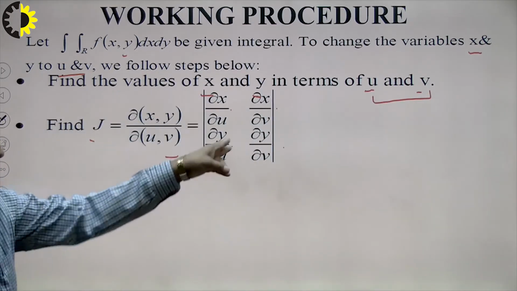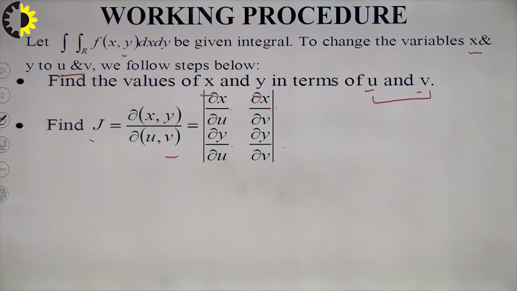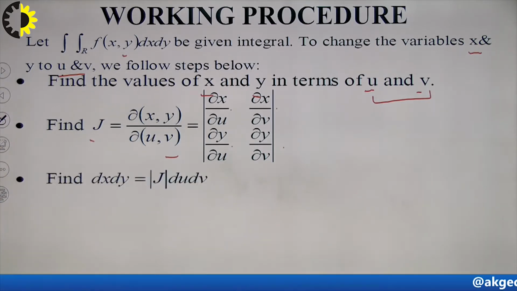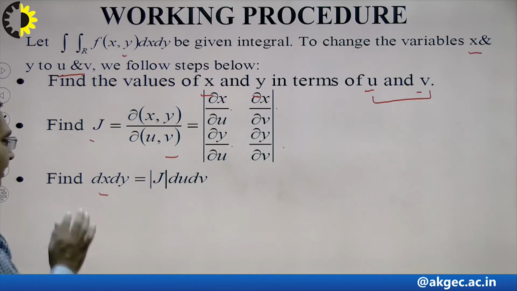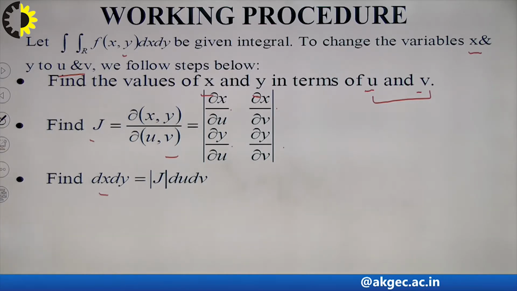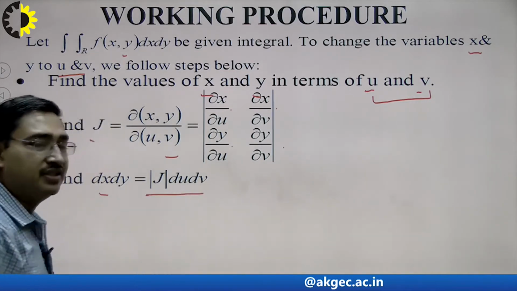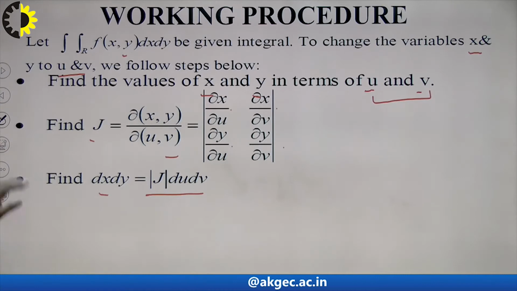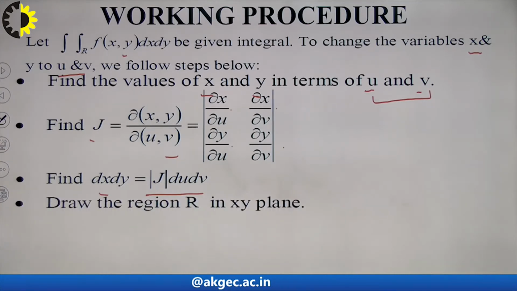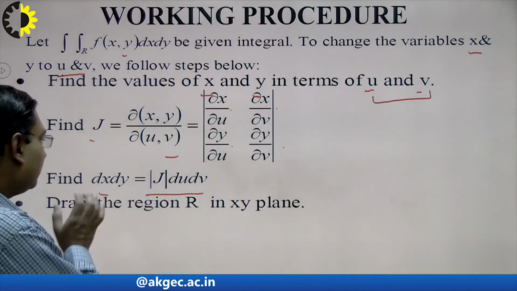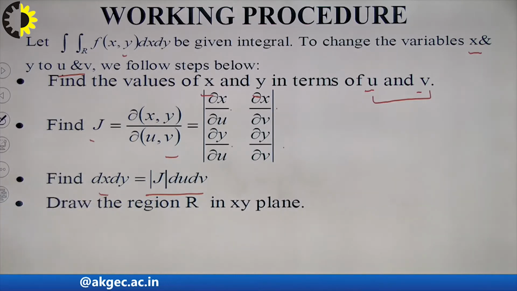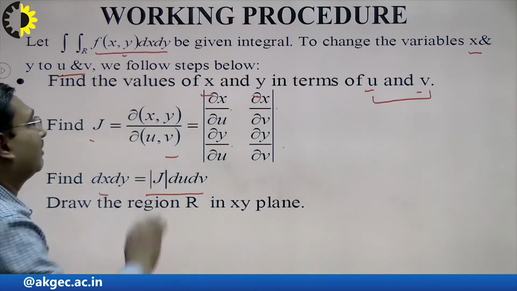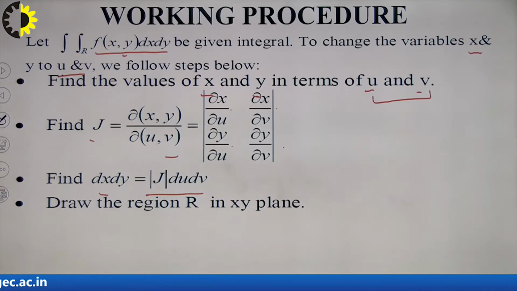Therefore, we can calculate this Jacobian, and the value of J will be obtained. Then we shall find dx dy using dx dy equal to mod of J du dv. By doing so, the integrand in this integral will be converted into u and v.